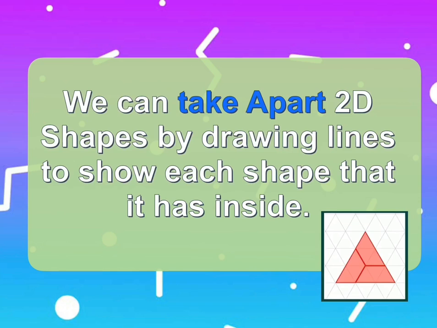How can we decompose or take apart a 2D shape? Now, we can draw lines in this 2D shape to show each shape that it has inside. So we can make or find many shapes inside a 2D shape.